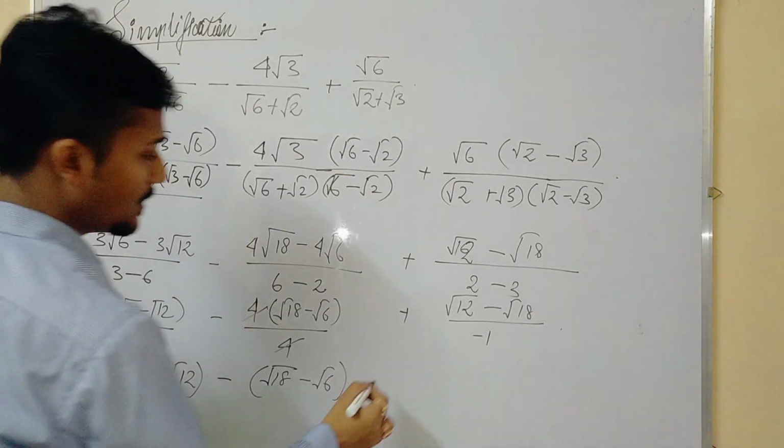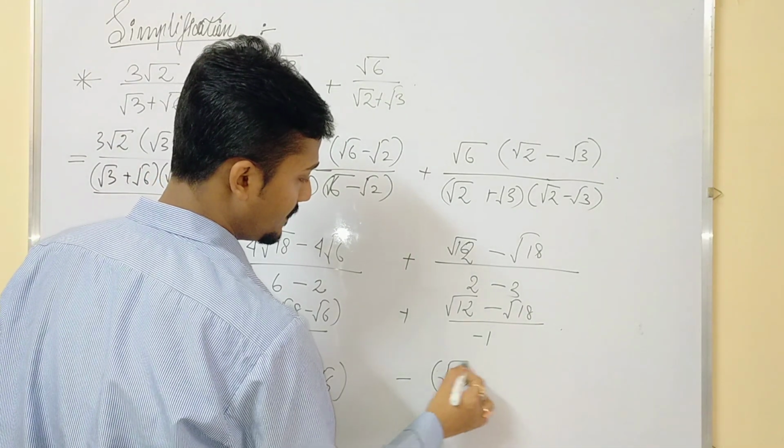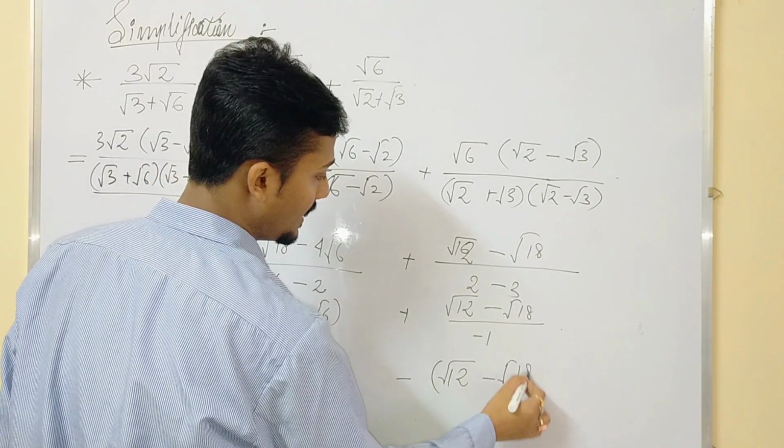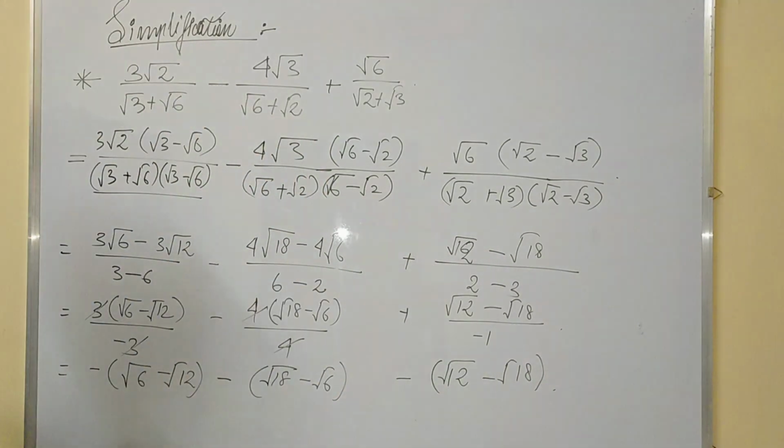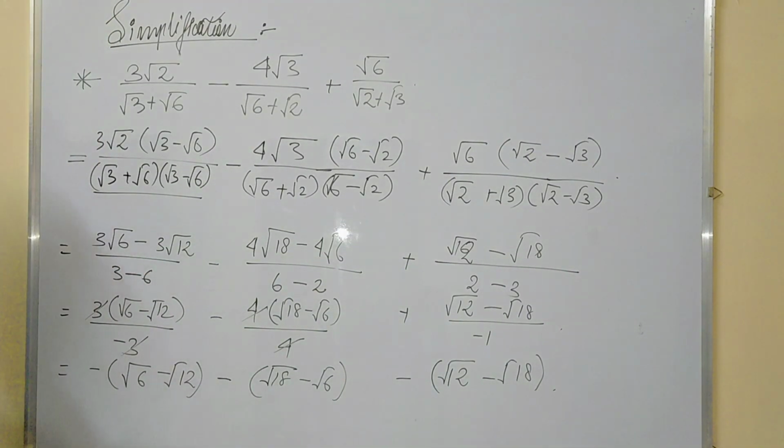Is that clear? Now this plus minus minus root 12 minus root over 18. Isn't it? Till this much it is clear? So I will rub the top portion. 2 minutes I am giving, you can note it down till this much.